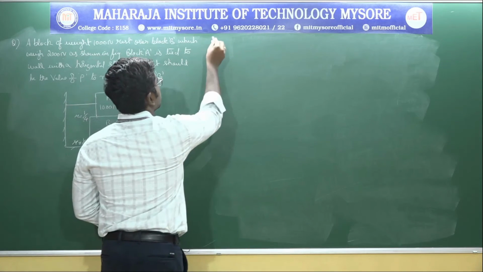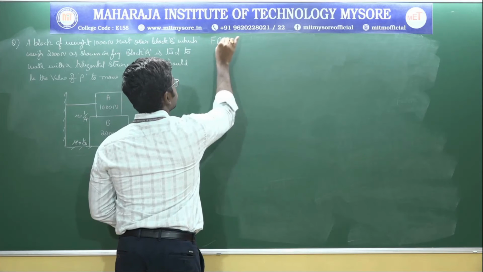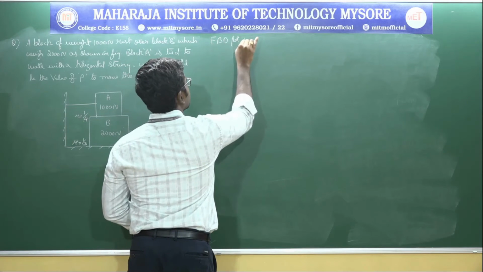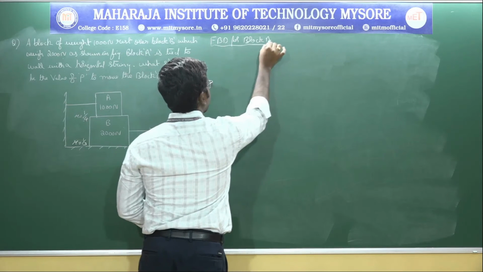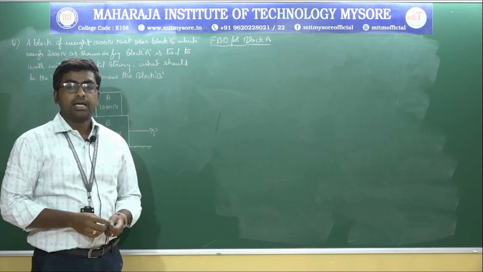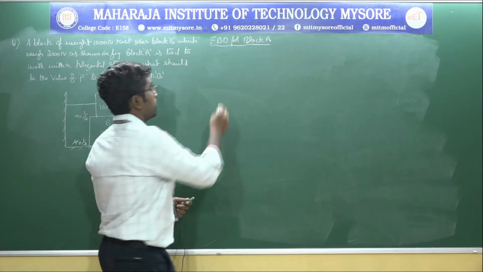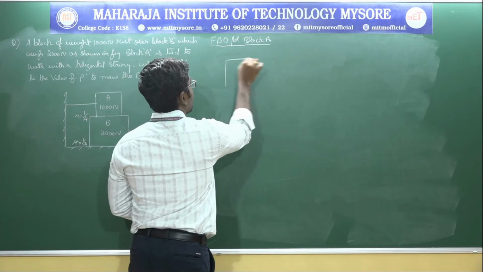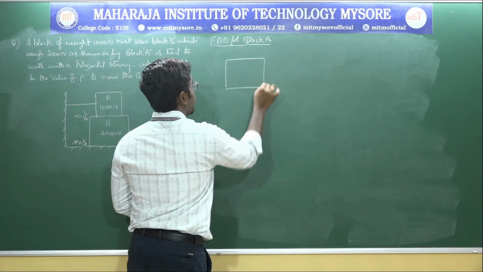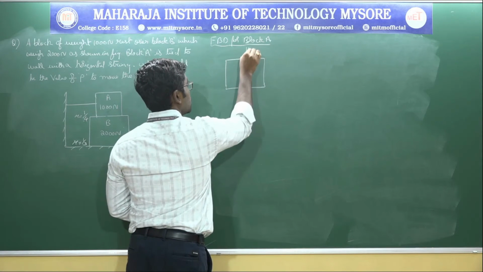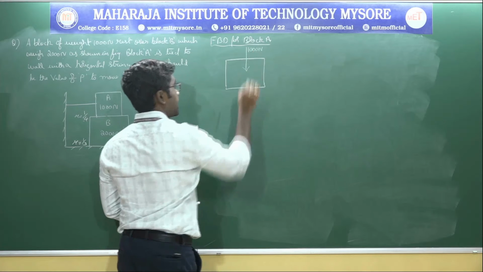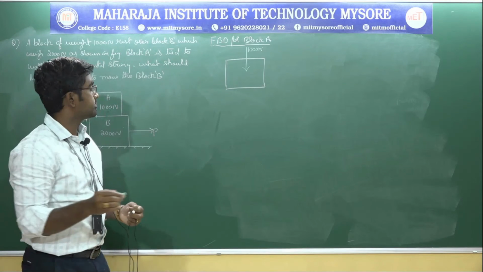So let me draw the free body diagram for block A. So this is block A. The self weight of block A is 1000 Newton and it will be acting vertically downwards.